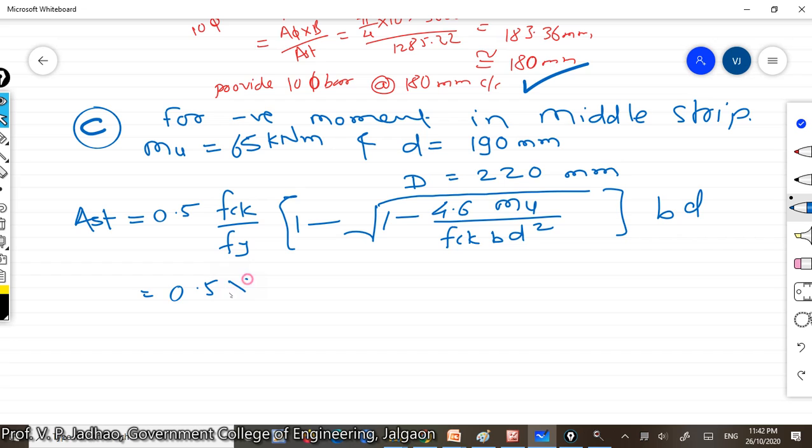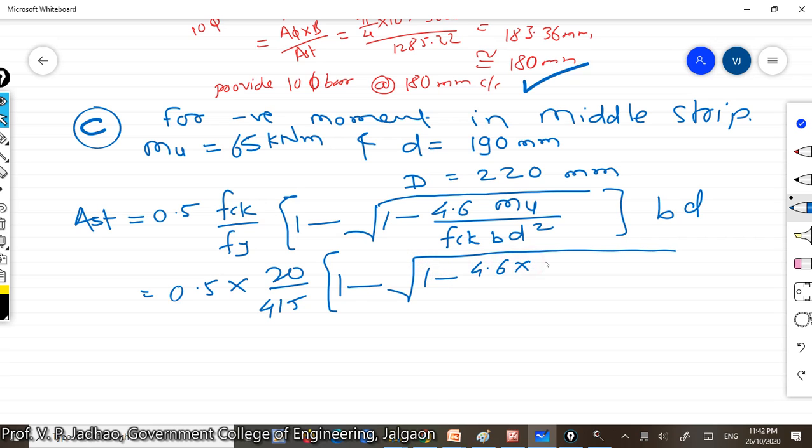0.5 FCK is 20, Fy is 415, 1 minus square root of 1 minus 4.6 into Mu, which is 65 into 10 raised to power 6, converted into Newton mm, divided by FCK which is 20, b the width of your middle strip was 3000 mm, and d is 190 square.